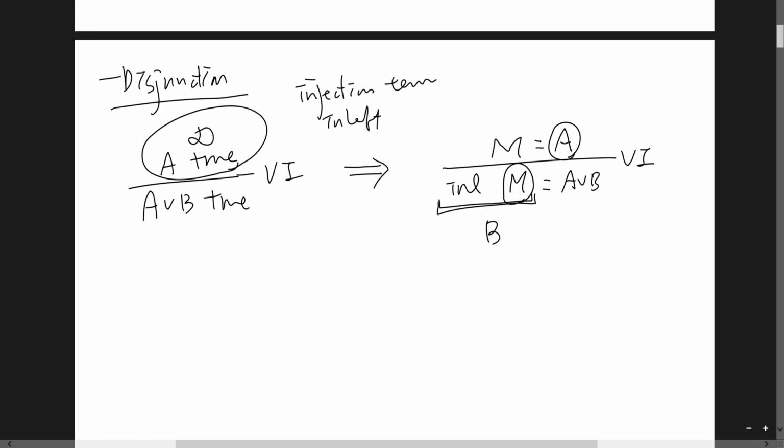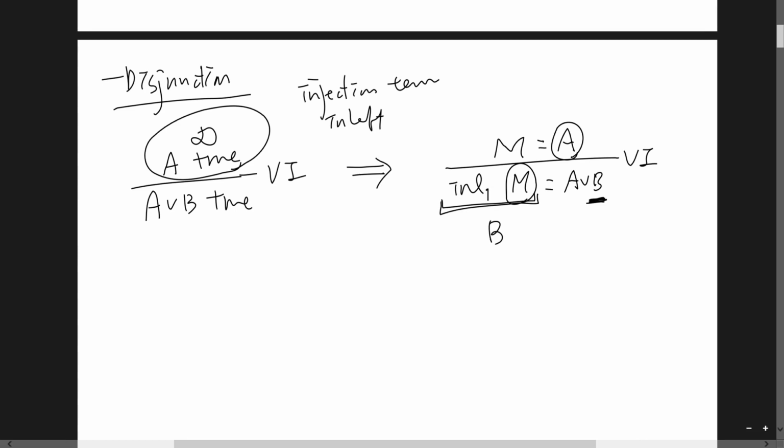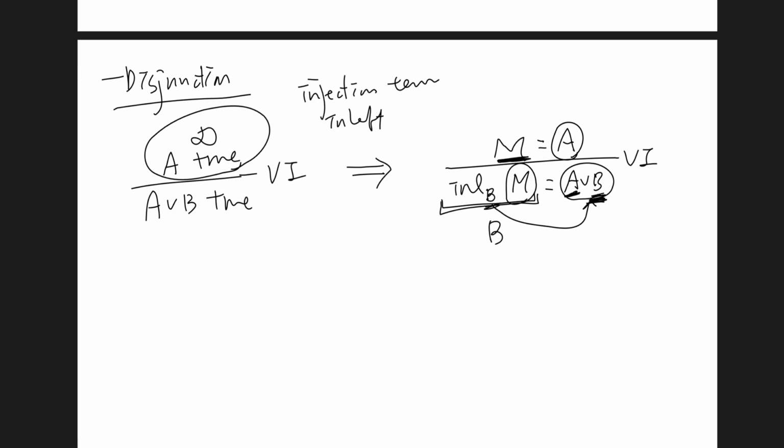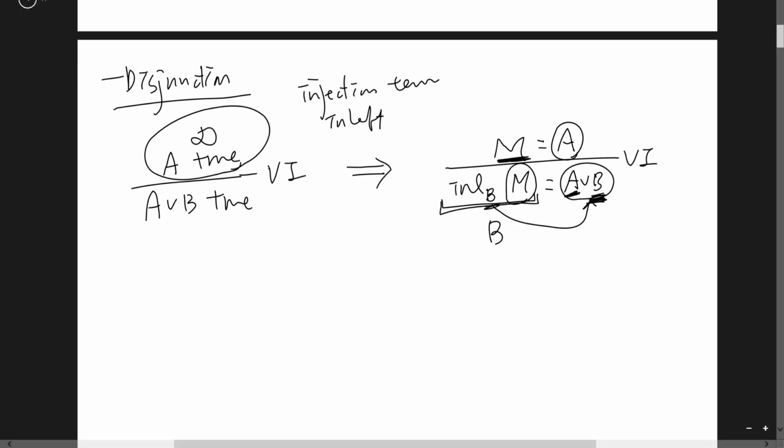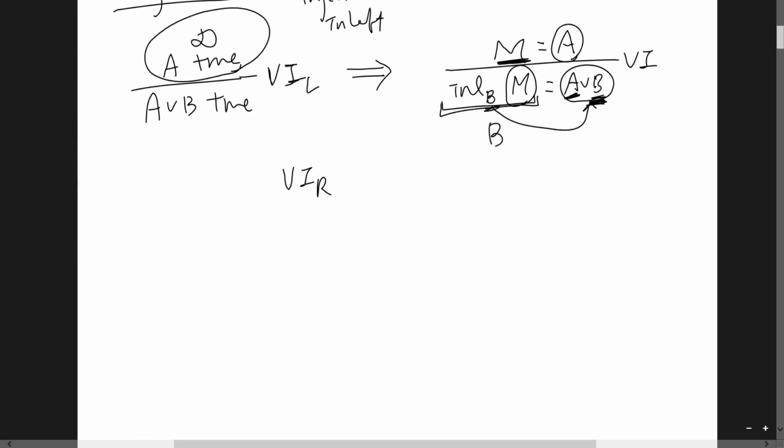So in order to recover the second component B, we annotate this injection left with B. Now we can reconstruct the whole type A disjunction B: A essentially from M, and B from this annotation. And we have a symmetric case: this is the disjunction introduction rule left, and we also have the disjunction introduction right case. What about the elimination rule?